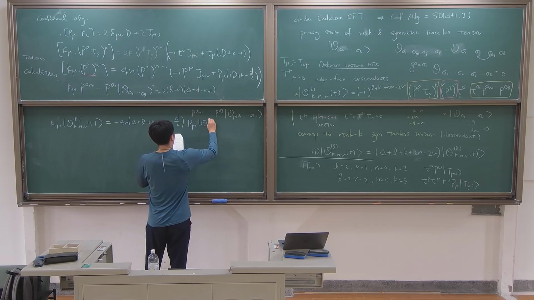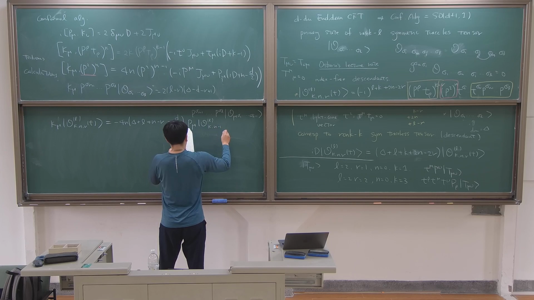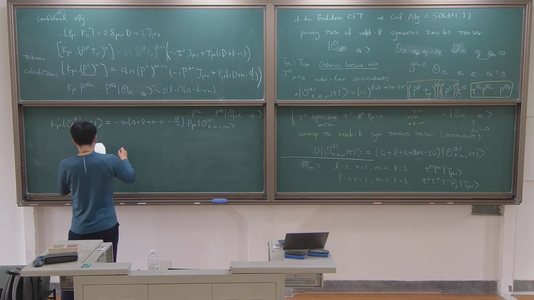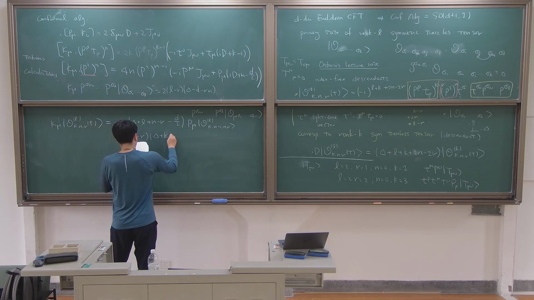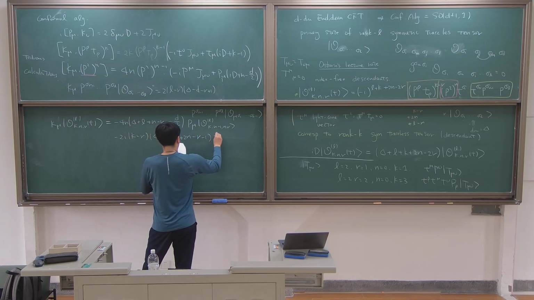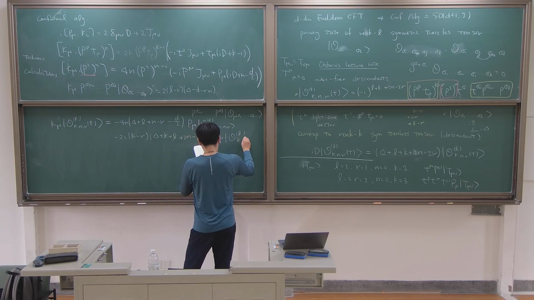O L K n minus 1 n and r. Okay, like this way plus minus 2i k minus r delta plus k plus L plus 2n minus r minus 1 t mu O L k minus 1 n r t.